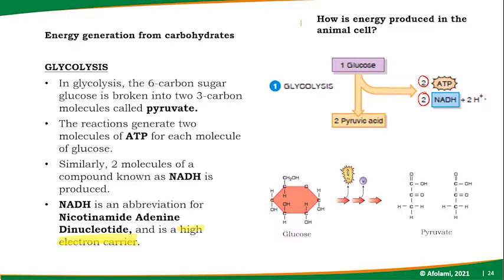NADH is the reduced form, and it's produced also when glucose is converted to pyruvic acid in glycolysis. So, through glycolysis, we convert glucose to pyruvic acid and produce 2 molecules of ATP and 2 molecules of reduced NAD.